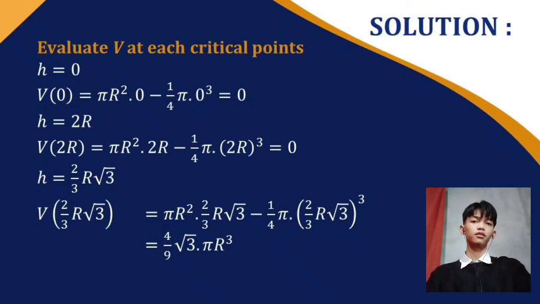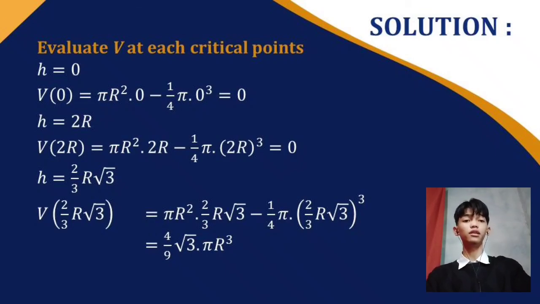From that value, we know that 4/9 times square root of 3 times pi times R capitalized cubed is more than 0. So that is the maximum value of V.